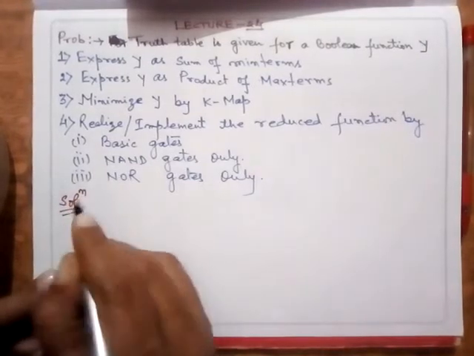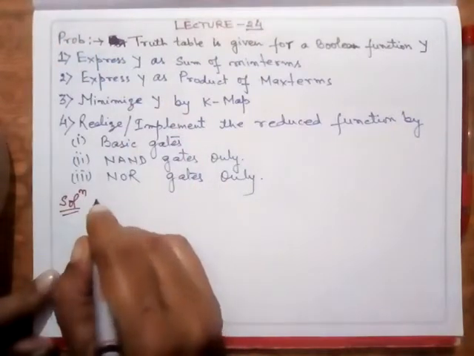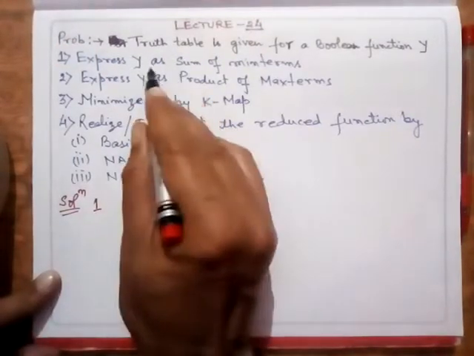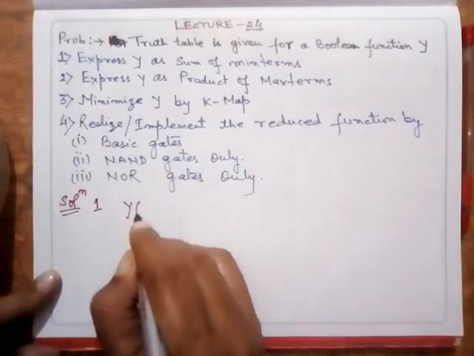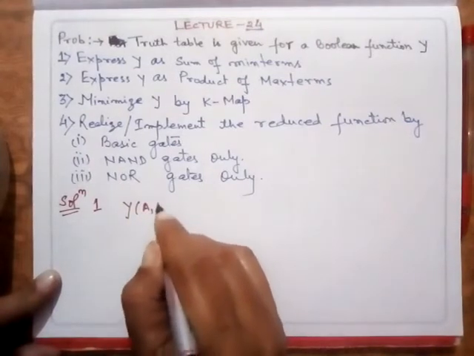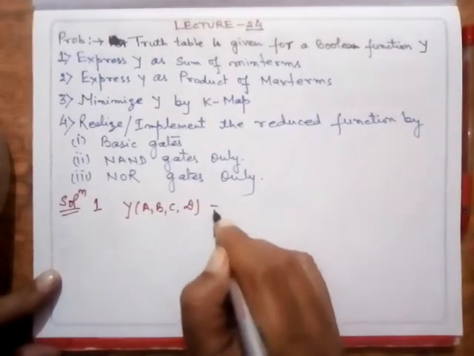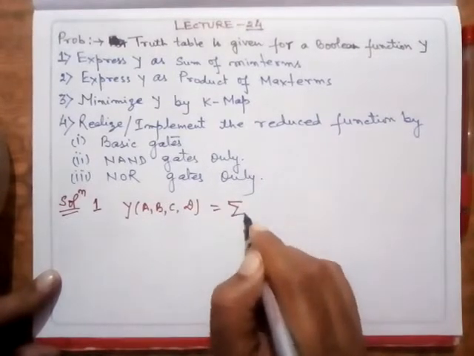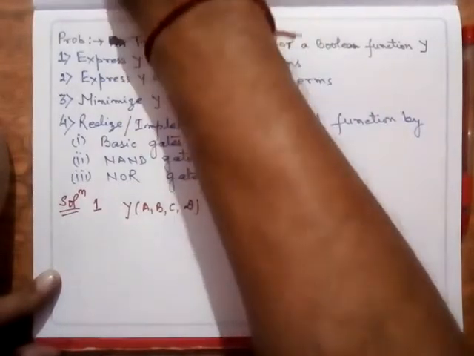The solution of first part, solution 1. Express y as a sum of minterms. So y, which is a function of a b c d, which is given in the truth table, is equal to summation, sum of minterms. So what are the minterms?